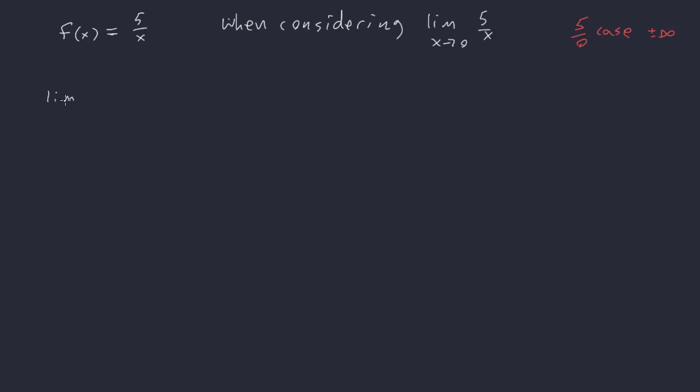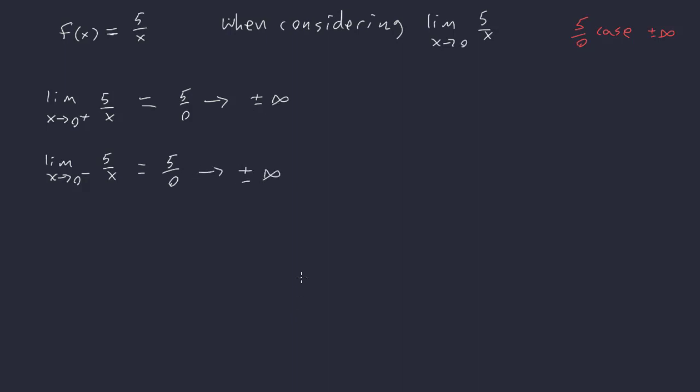So I'm going to do the limit as x goes to 0 from the right of 5 over x, and the limit as x goes to 0 from the left of 5 over x. Now, in both of these cases, when we plug in the 0, we get 5 over 0 and 5 over 0, okay, which we know is just going to be a plus or minus infinity.